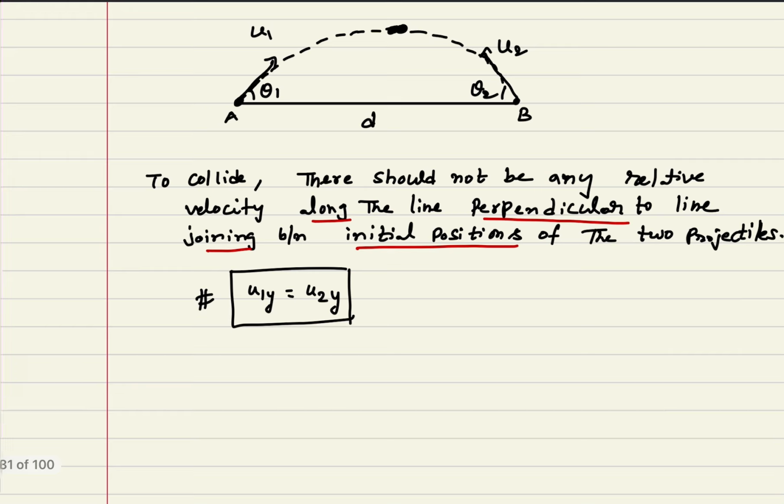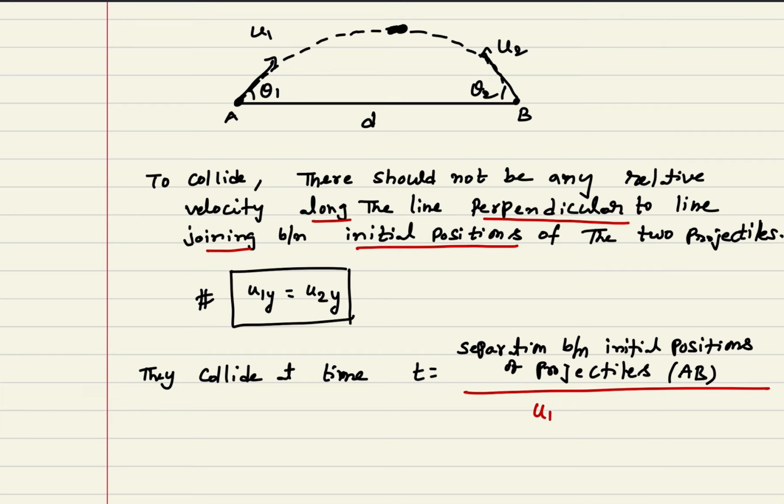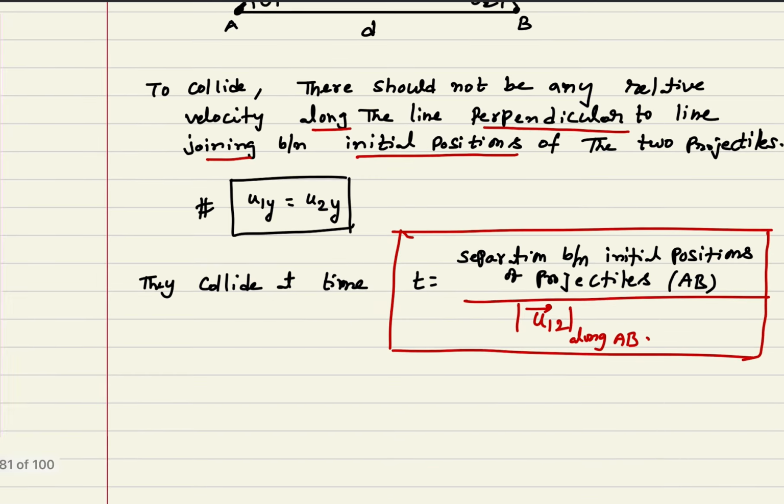Now, at what time do they collide? They collide at time t equal to the separation between the initial positions of the projectiles, here AB, whole divided by the relative velocity along the line joining them, along AB, that is u12 bar along AB.